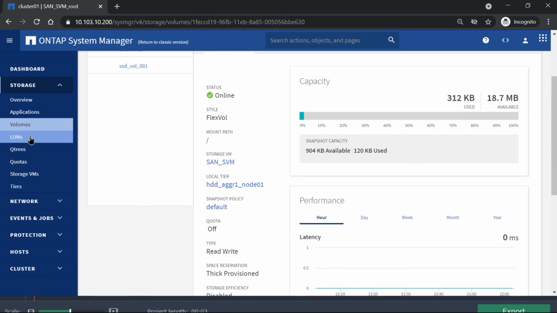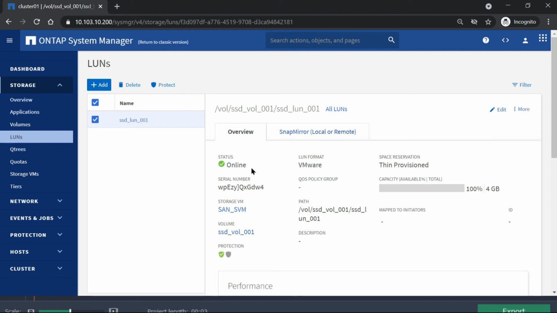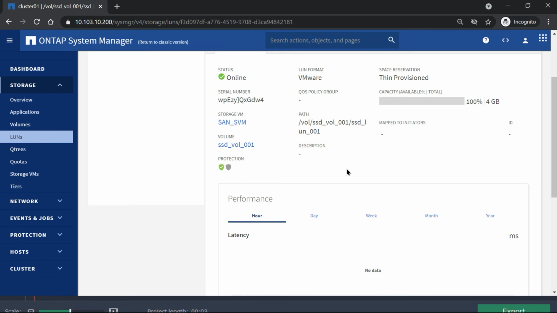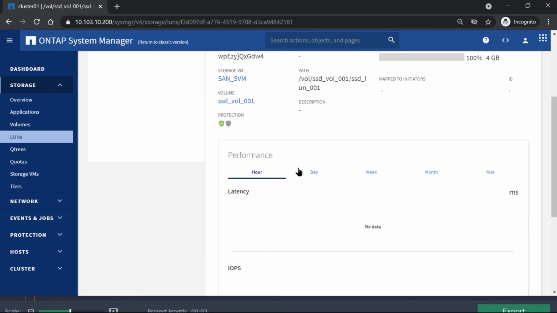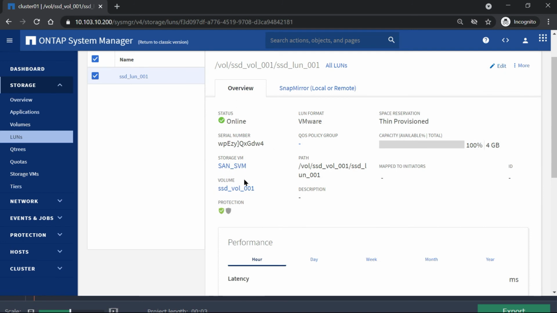Okay, let's see the LUNs. It's the same LUN. The status is green and online. Again, the same information, it's thin provisioned, and it's contained in the volume with this name.